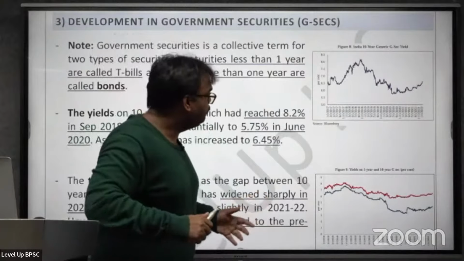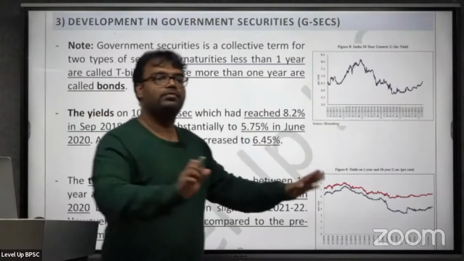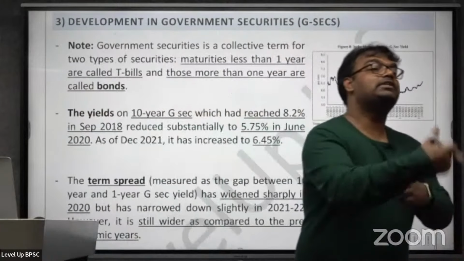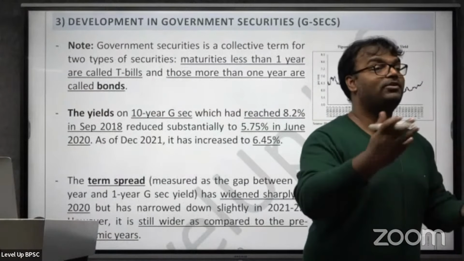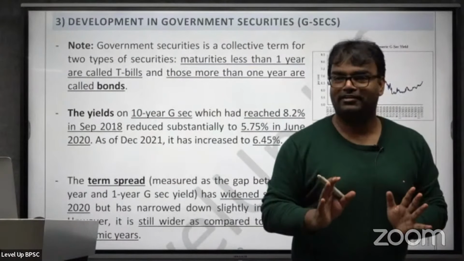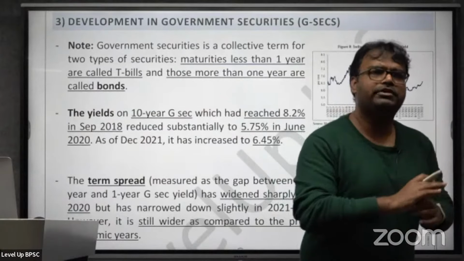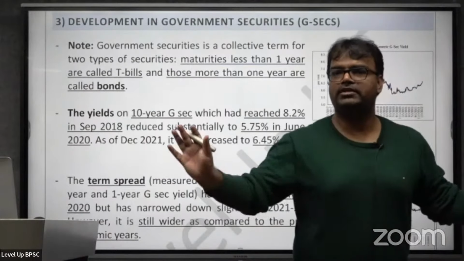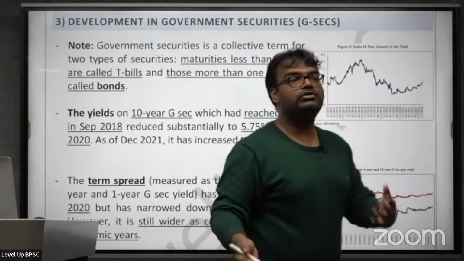So you do not have to remember these numbers. इससे समझना क्या है, गवर्नमेंट बॉन्ड्स के प्राइसेस कब ज्यादा होते हैं, कब कम होते हैं. These numbers UPSC would ask, very less chance, negligible chance. But government bonds के rates बढ़ेंगे.